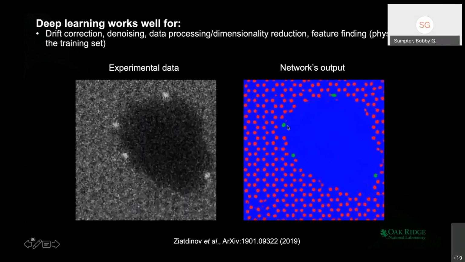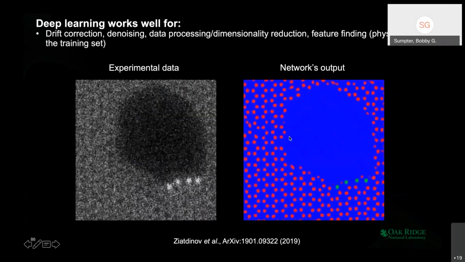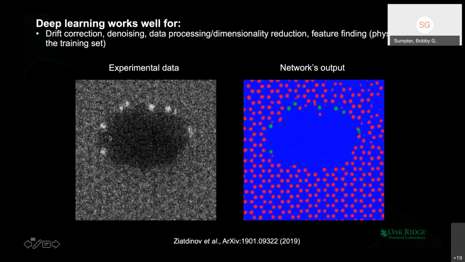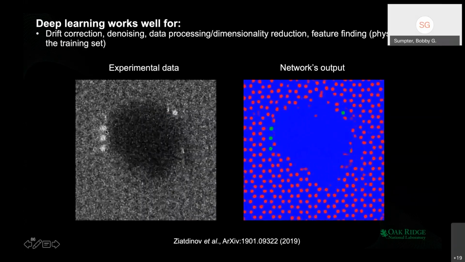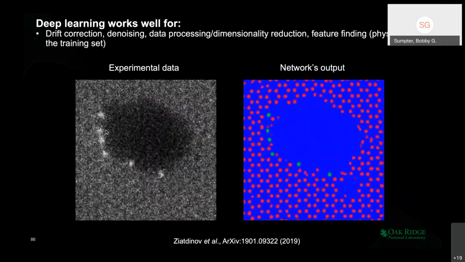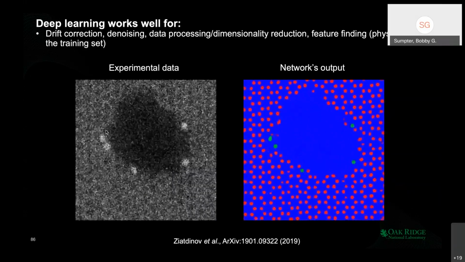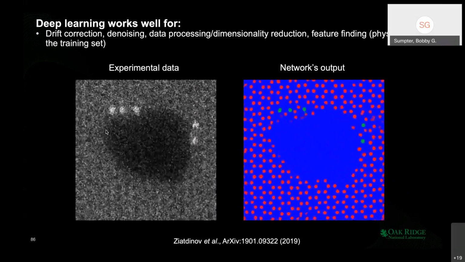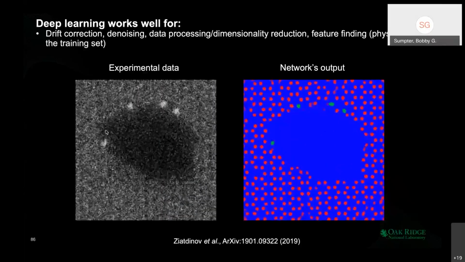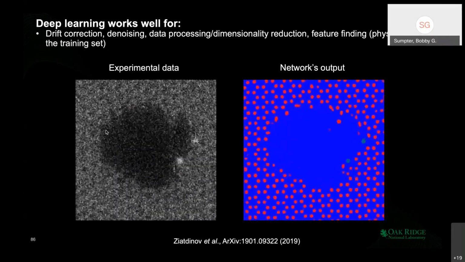And you can see the positions of those green guys correlate very well with the positions of these white guys. So we're actually able to use this approach to fully automate and help incredibly resolve and understand exactly where the atoms are and how the motion is occurring in the real experimental image.